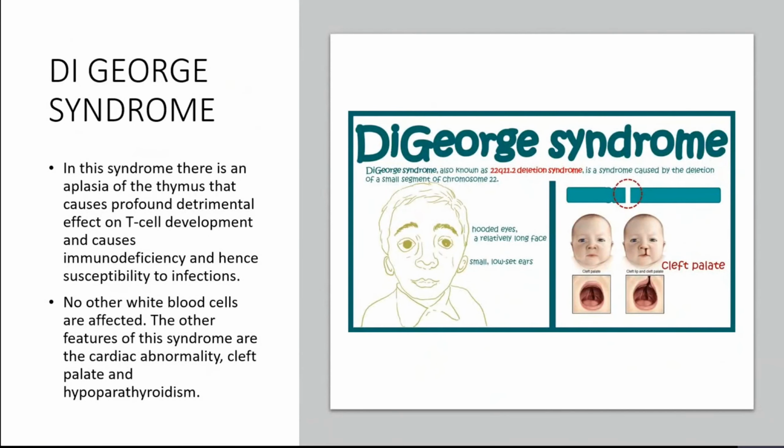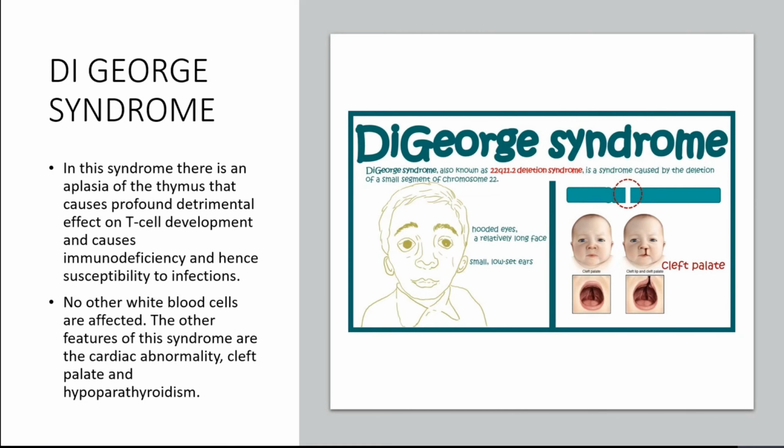The next syndrome which we come on to is DiGeorge syndrome. In this syndrome, there is an aplasia of the thymus that causes a profound detrimental effect on T cell development and causes immunodeficiency and hence susceptibility to infections.